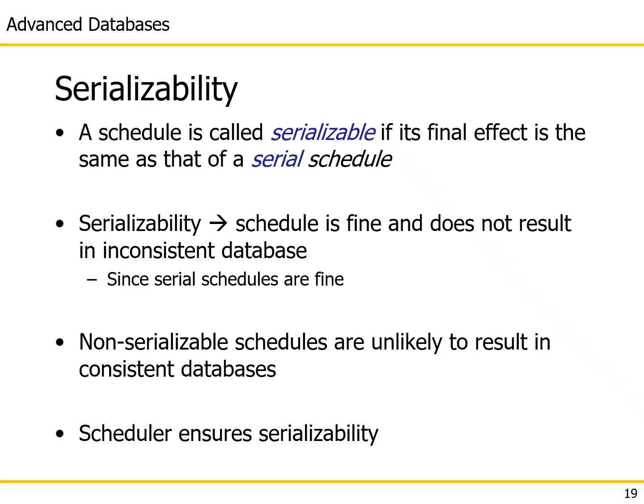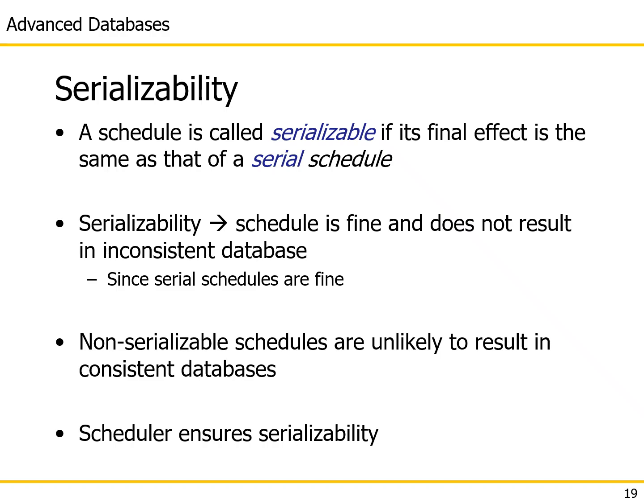Any interleaving of reads and writes that produces an output that is exactly like T1 followed by T2 or T2 followed by T1, that interleaving, that schedule, we are going to call it serializable because it produces an output that is similar to one of the serial schedules.